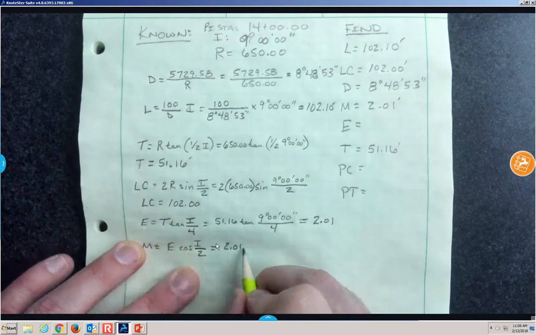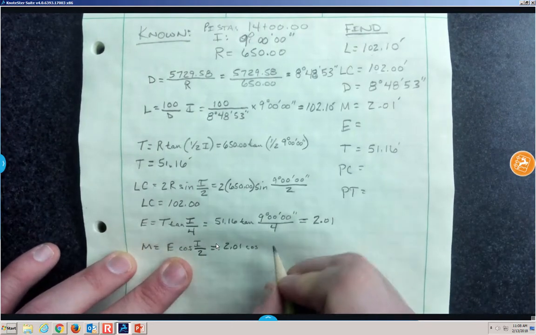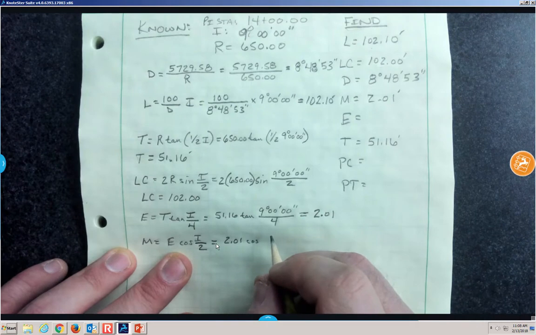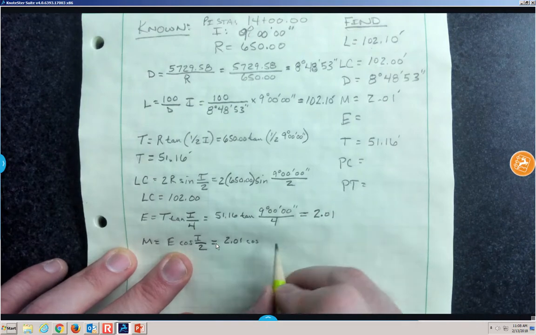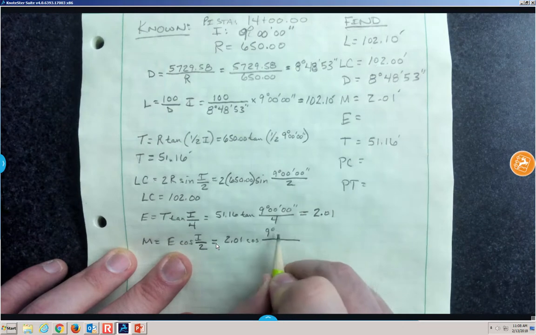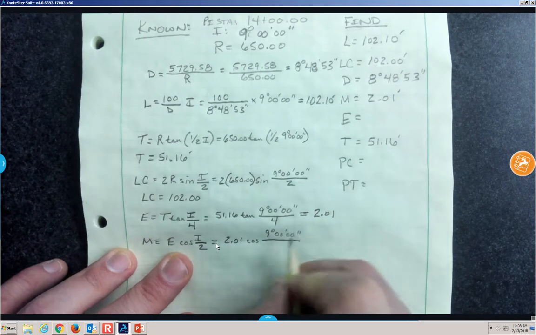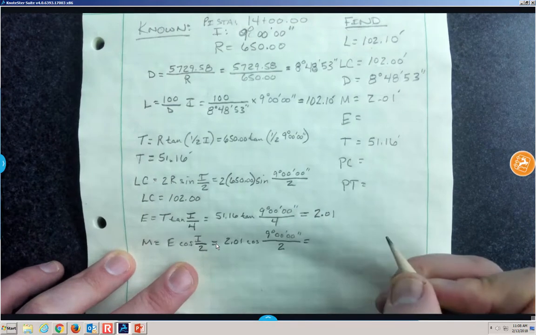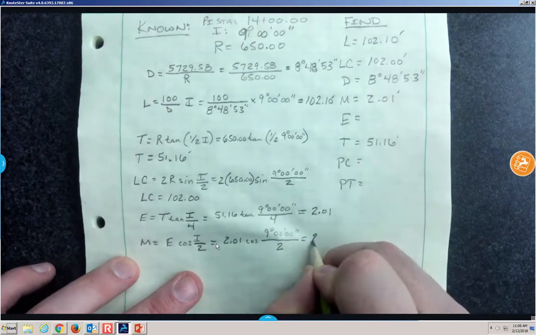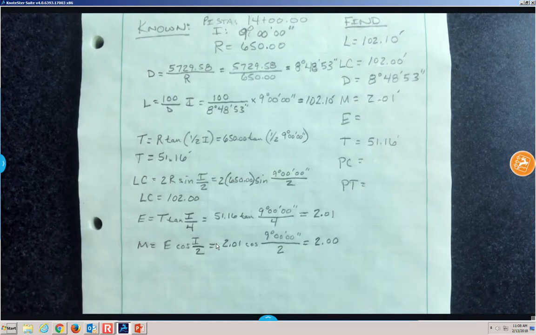That's feet. 2.01 cosine of I, 9 degrees 00 minutes 00 seconds, over 2. What do we get there? 2.00. That's the distance from the middle of the arc, or the midpoint on the arc, to the chord. Okay, so that would be like the longest distance between the chord and the curve itself.